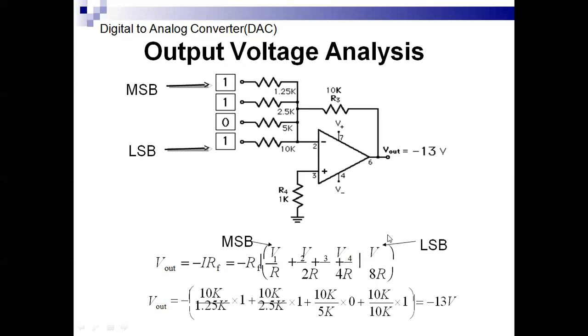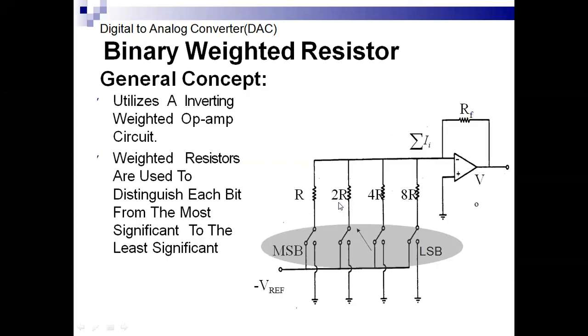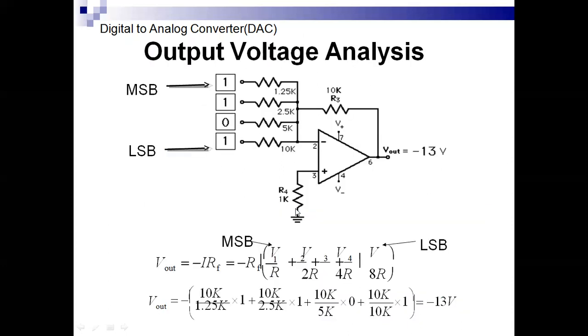Now we are putting the values: LSB, that is V upon 8R, V upon 4R, V upon 2R, and last one V upon R. Now converting the value. Where is 8, 4, 2R coming from? It is from over here, 8, 4, 2R. It is the value of the resistor, the weighted resistors.